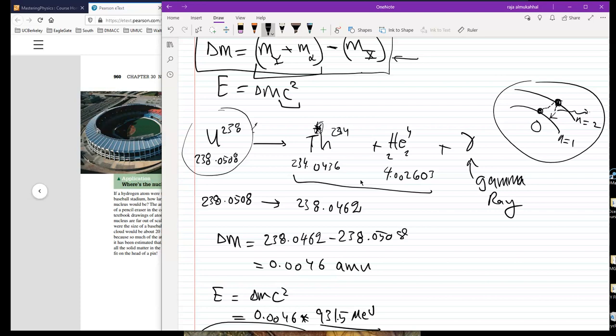That's really what gamma emission is. Whenever you have an alpha decay like this one, or a beta decay, which I'm going to talk about in a minute, the daughter becomes excited, and then it loses those photons in the form of gamma ray emission. Got it? Okay.